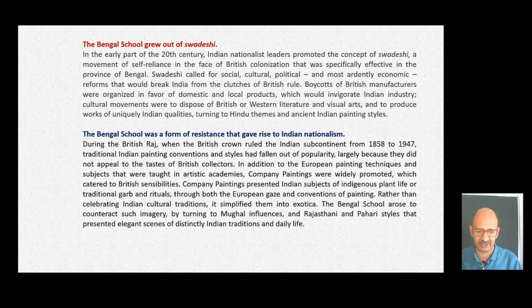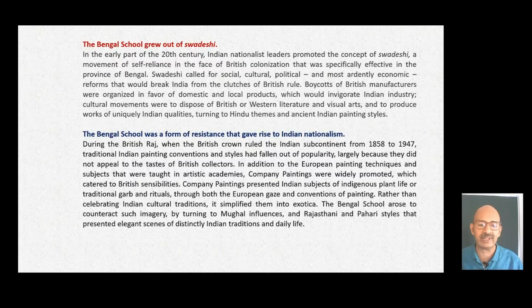There was a rupture. We also know that in addition to the European painting techniques and subjects that were taught in artistic academies, company paintings were widely promoted, which catered to the British sensibilities. We also know that company paintings presented Indian subject matters of indigenous plant life or traditional garb and rituals through both the European gaze and conventions of painting.